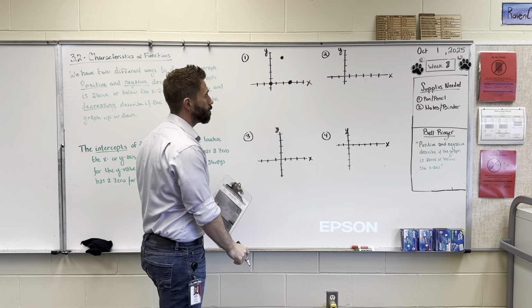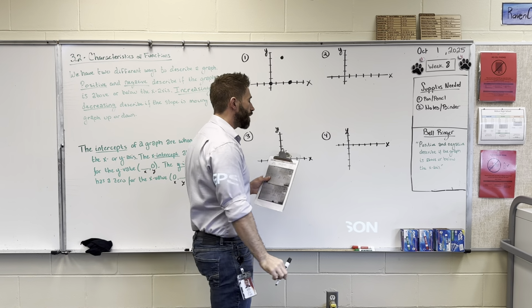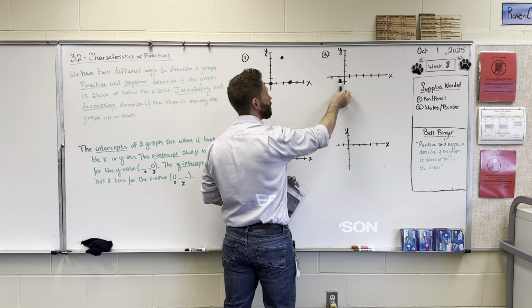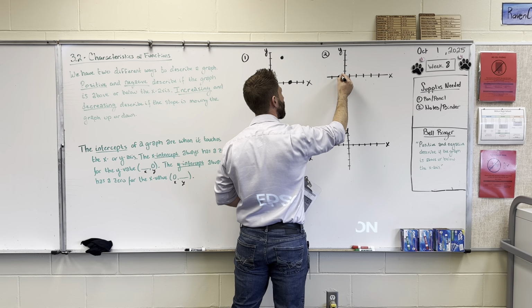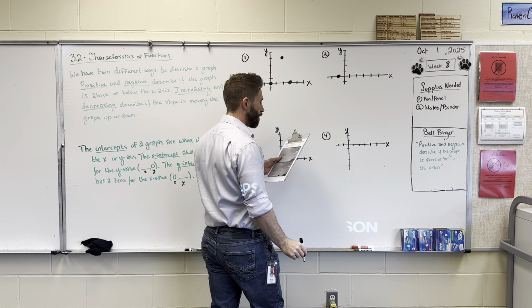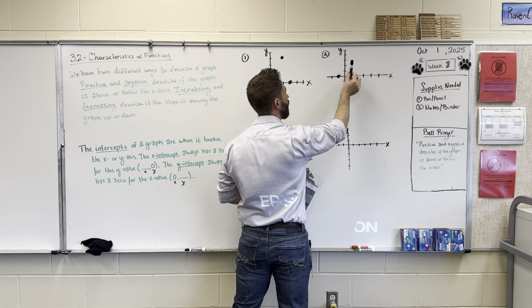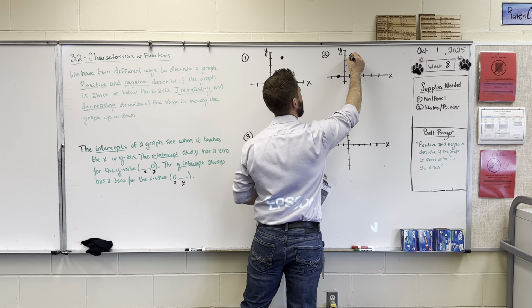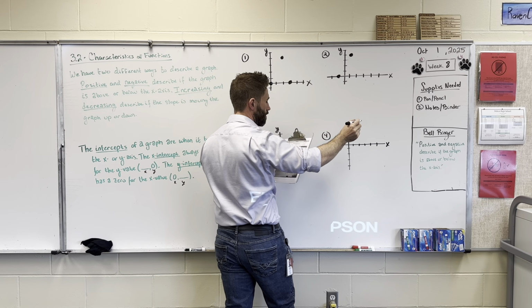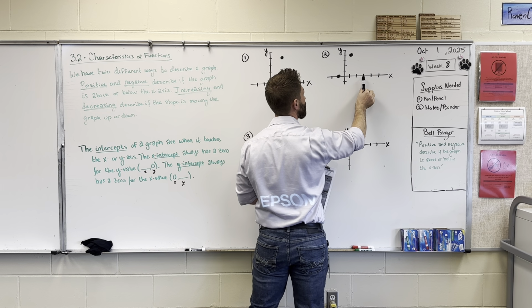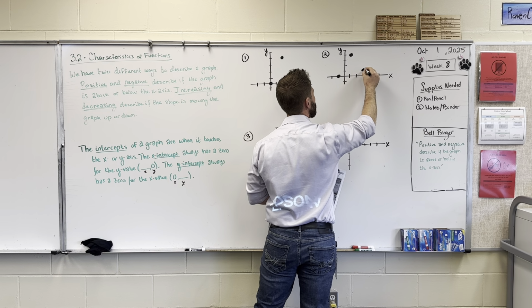So I've got those three. The second one has a point at (-1, 0), so I go to the left 1, and I do not go up or down, hence the 0. The second point is (1, 4), so I go to the right 1, up 4. And the last one is (3, 1). I go to the right 3, up 1.